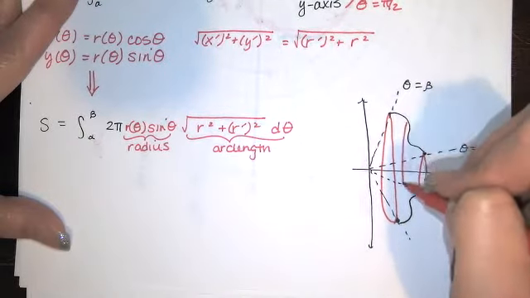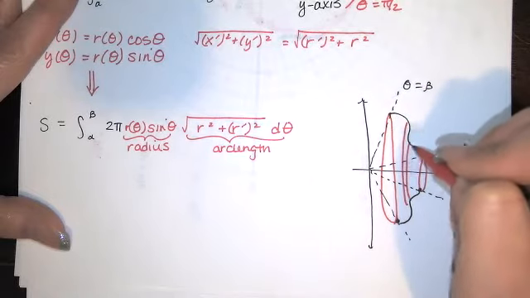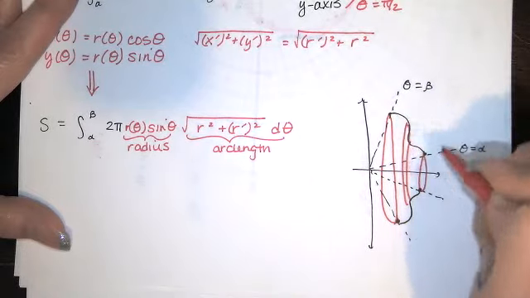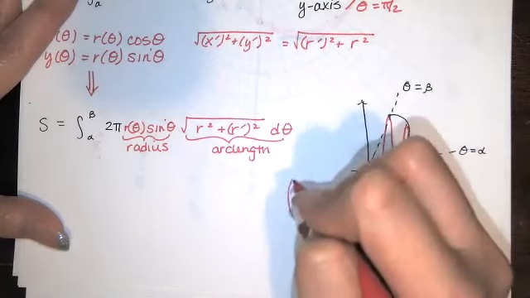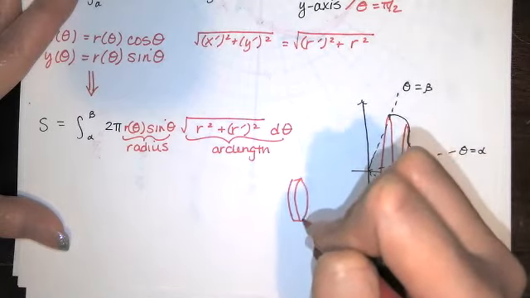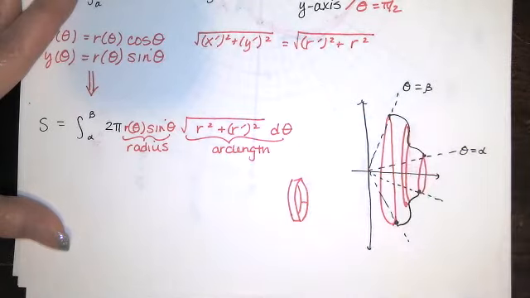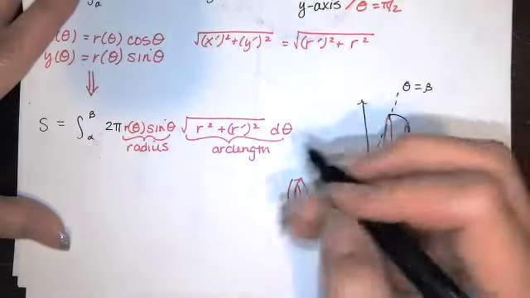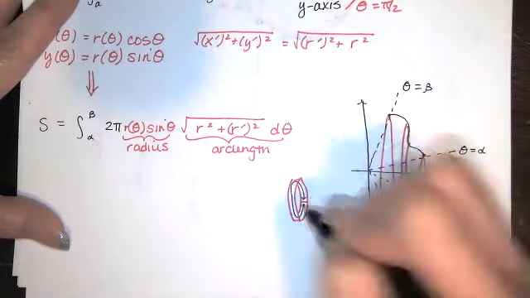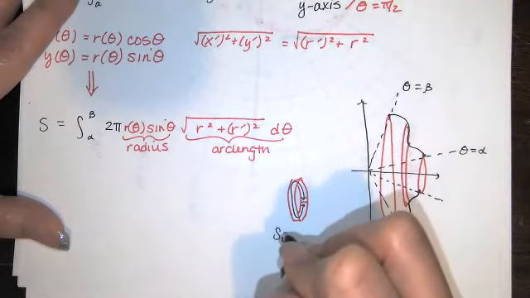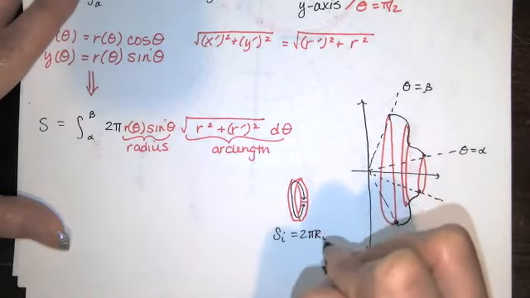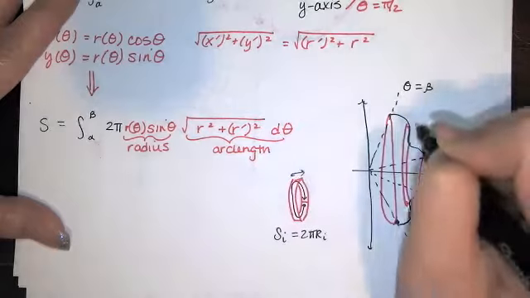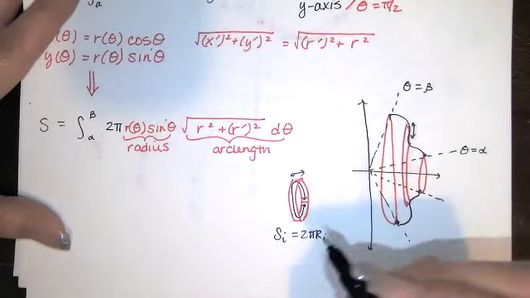But we wrap strips of paper around this, just like we did before in the other sections. And the area of that strip of paper is the circumference, so that distance right there, times this little length, and that is the arc length.